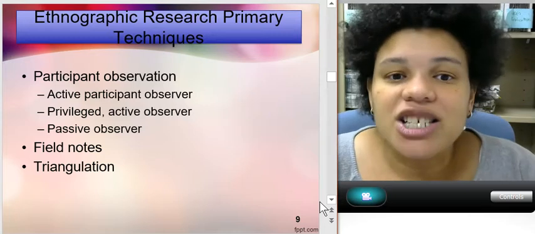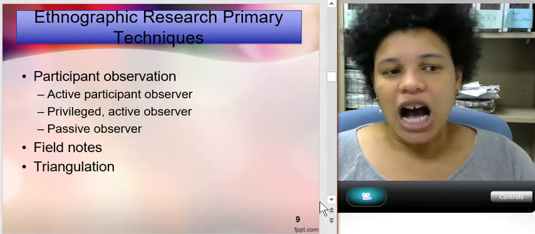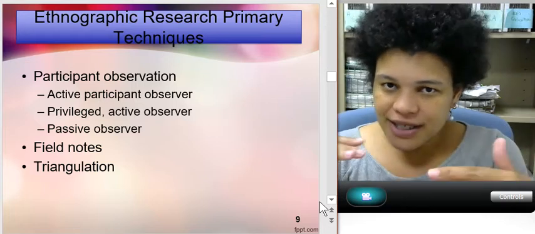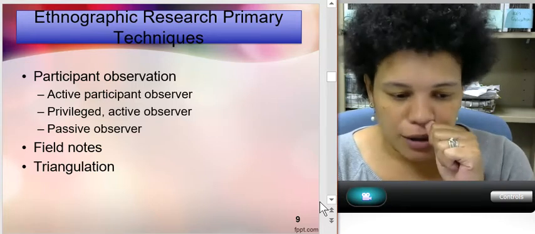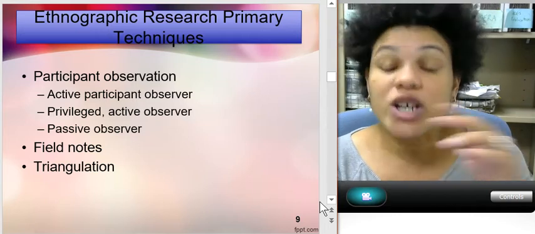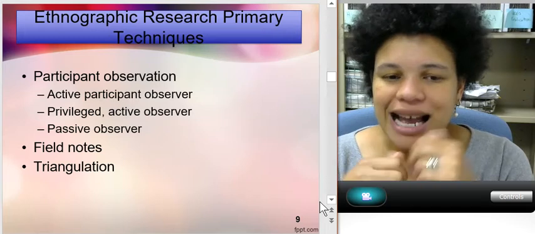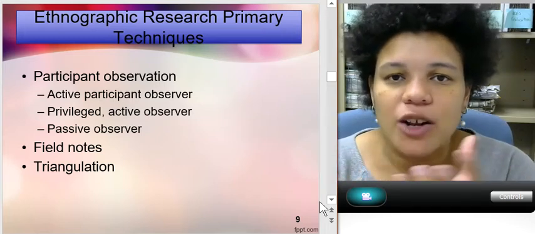And then triangulation happens when we have multiple perspectives, multiple sources of deciding what something is or why it occurs.